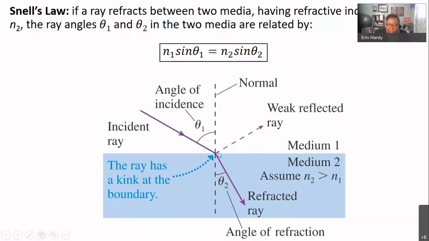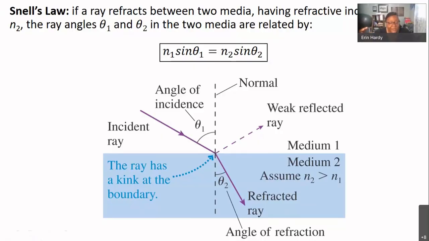Now, it wouldn't be wrong to call this weakly reflected ray theta R, but it just gets a little bit tricky because theta R could potentially apply to either reflection or refraction. So the 1 and the 2 help you connect an angle to a medium.